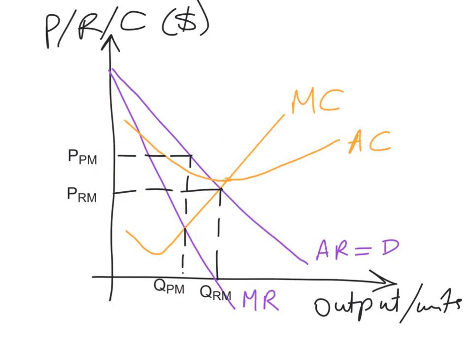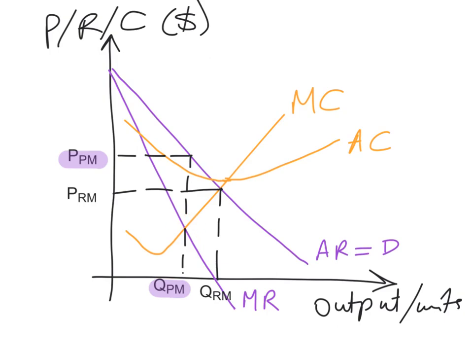So let's have a look at the difference between a profit maximizing monopolist and a revenue maximizing monopolist. A profit maximizing monopolist, which I will label PM, will produce QPM and charge PPM. Why? Because they produce where marginal revenue and marginal cost intersect.